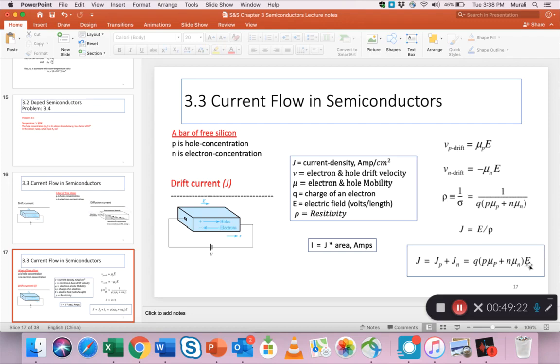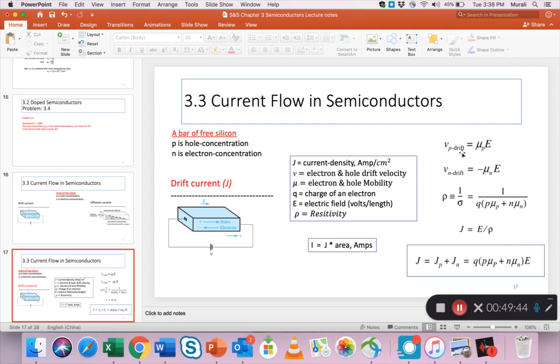Remember, E is the electric field strength. Resistivity also has its own formula, and you can write J in terms of resistivity, or you can just write J directly by E multiplied by this. Oh, actually it's here. This is also J.